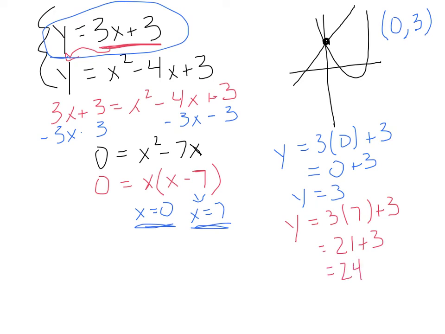That means our second point of intersection is the point (7, 24), which again makes sense. I can't see it on my graph, but the line would continue to grow, the parabola would continue to grow, and they'll hit again at that particular point. So the intersection of this parabola and this line happens to be 2 intersection points at (0, 3) and (7, 24).